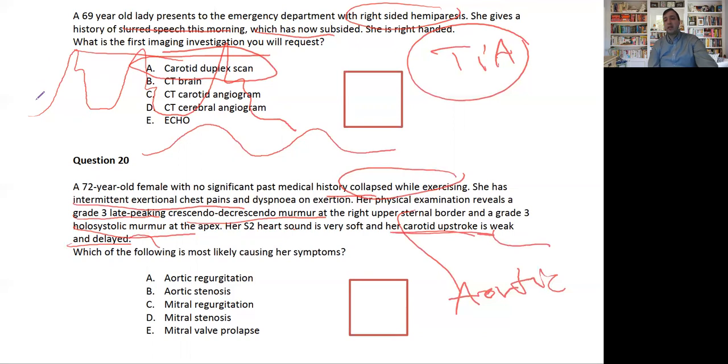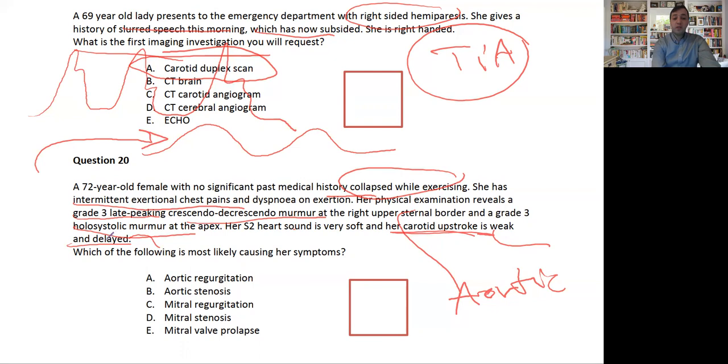So in a patient with this pathology, which is most likely aortic stenosis, the patient will have this waveform in the carotid. This waveform is called weak and delayed carotid upstroke, or pulsus parvus et tardus. The delayed carotid upstroke is called tardus, and the weak carotid upstroke is called parvus.